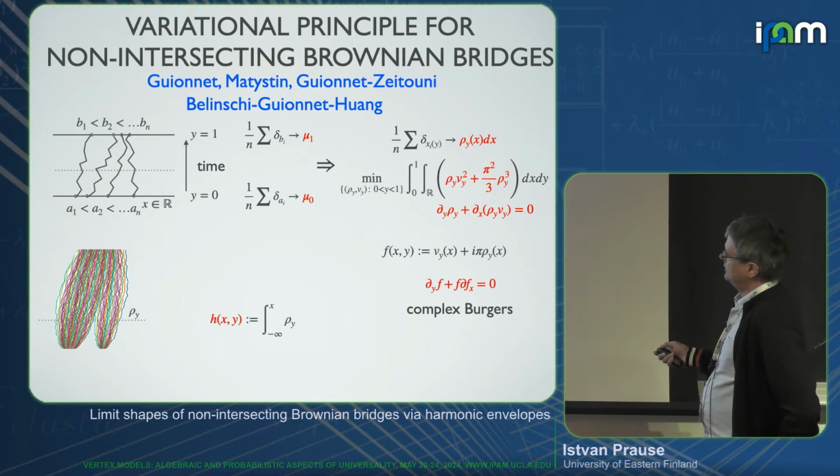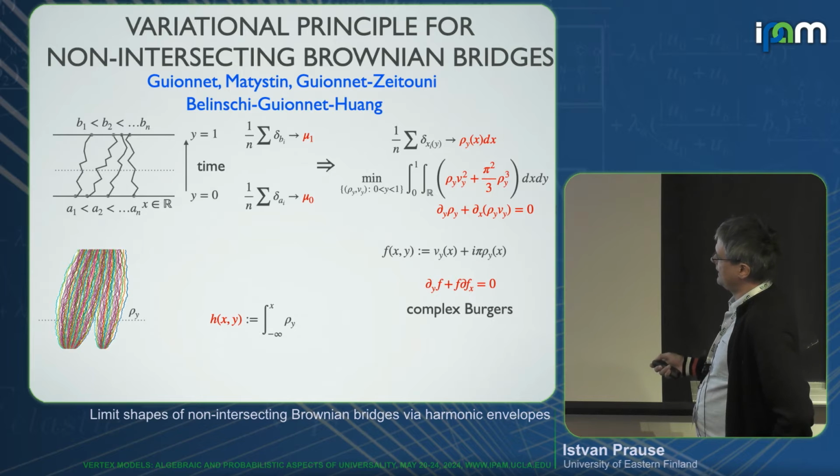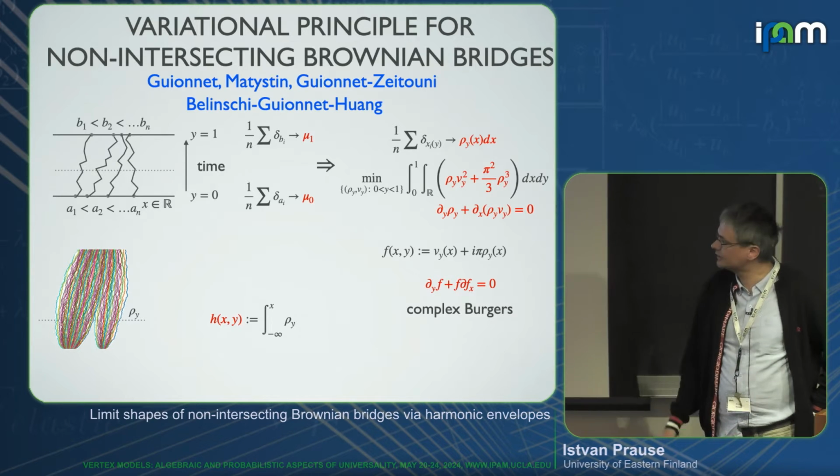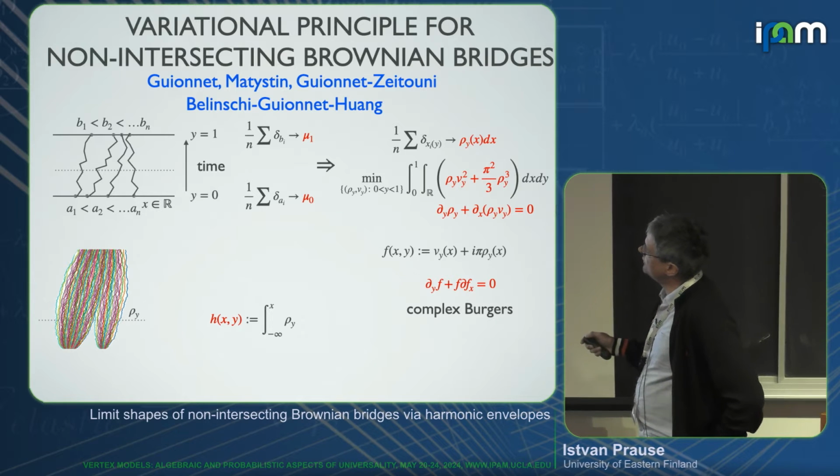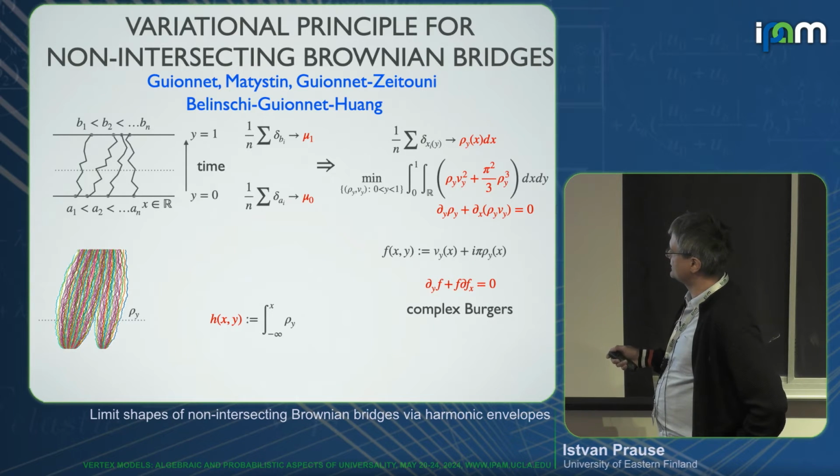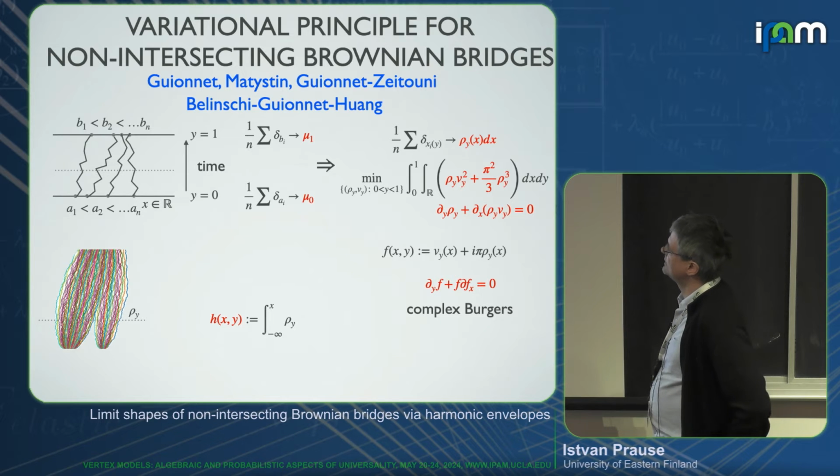And actually, if you pair them up in this way, then they satisfy this complex Burgers equation, and this was maybe one of the early appearances of complex Burgers in limit shapes in matching work.